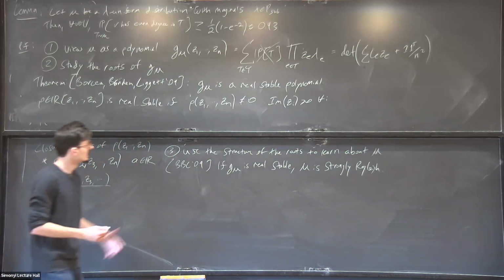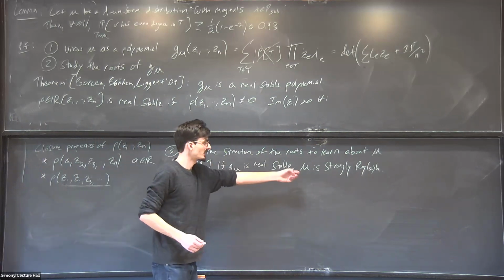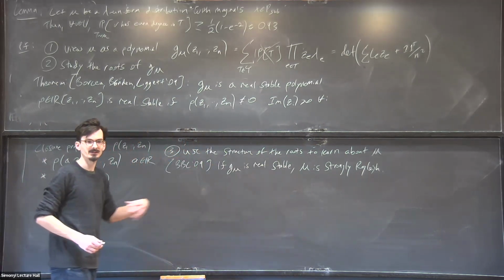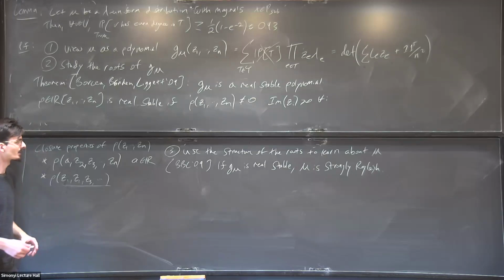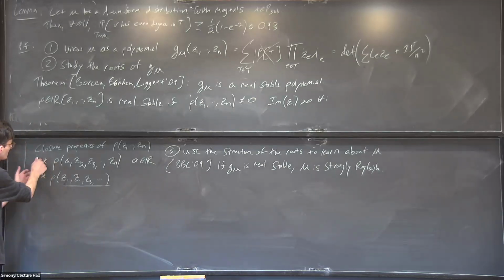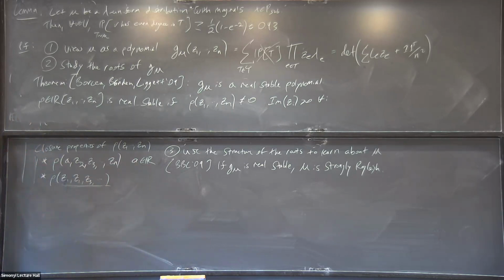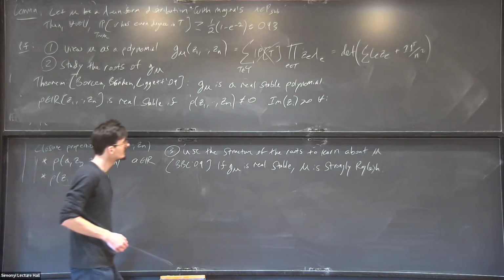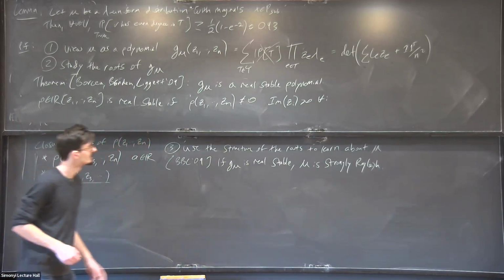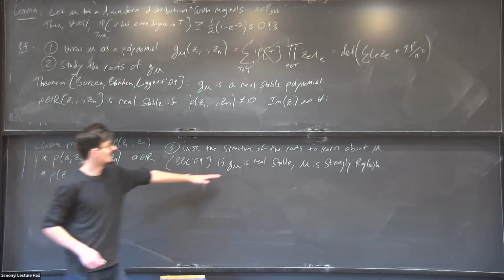For example, these distributions are negatively correlated, and they even have the stronger negative association property. And these closure properties, as I'll talk about right now, correspond to natural operations you would do on a probability distribution. You didn't define strongly Rayleigh, but this is the definition of strongly Rayleigh.